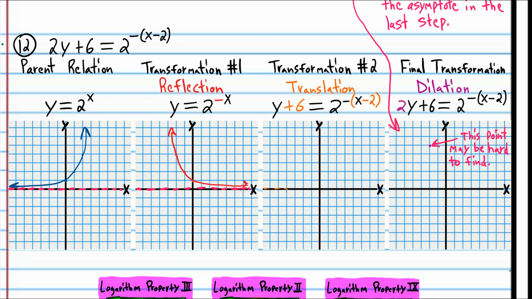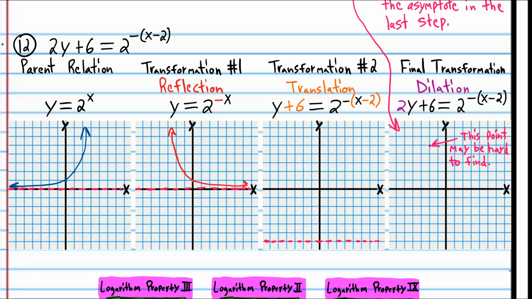That's not going to affect what the asymptote looks like, so I'm just going to redraw that. Actually, when we move down, it is going to move it 6 units down. So 1, 2, 3, 4, 5, 6. The horizontal movement is not going to affect how the asymptote looks.